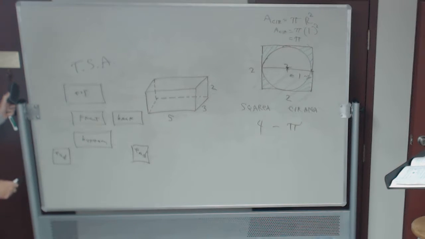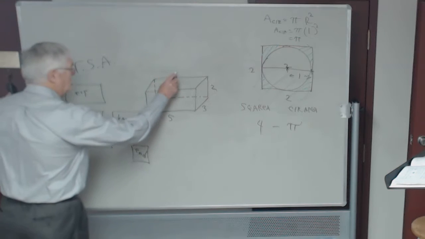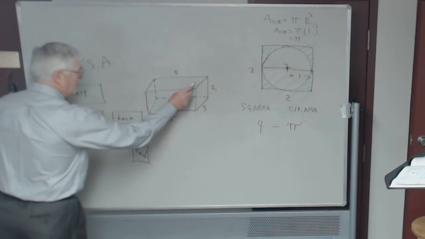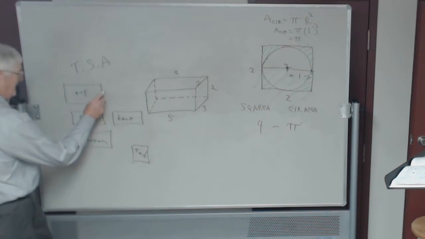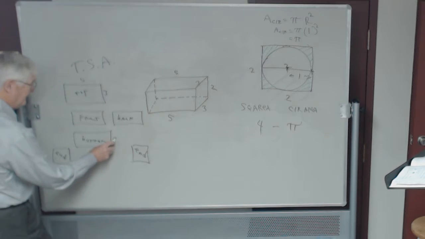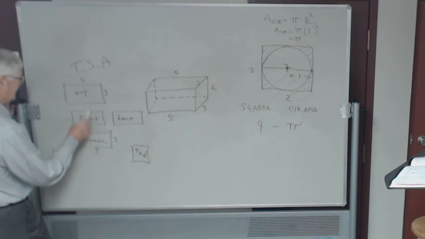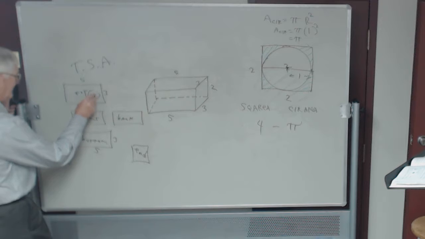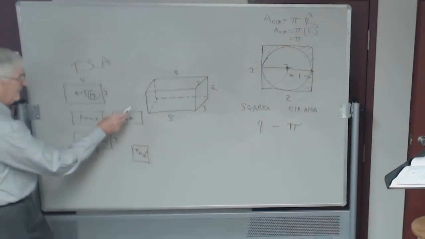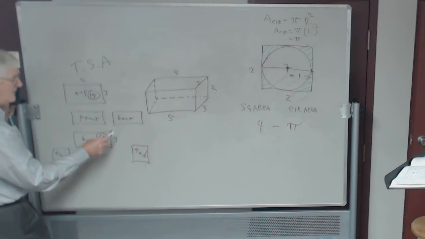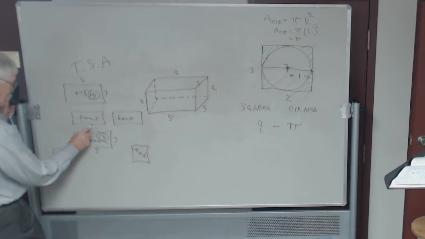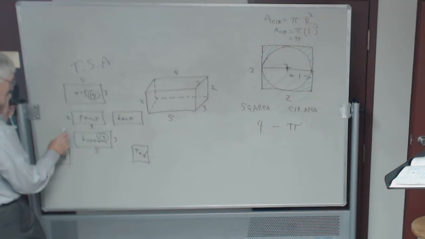Now, what are the dimensions of the top? 3 by 5. And the bottom? 3 by 5. So that means this is 15, and this is 15. What are the dimensions for the front? 5 by 2.